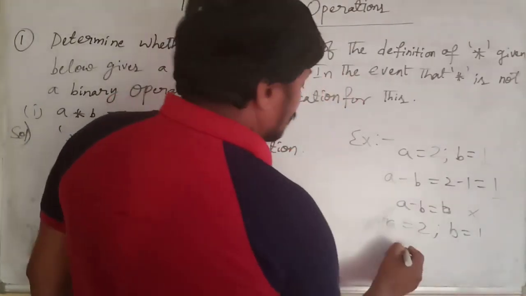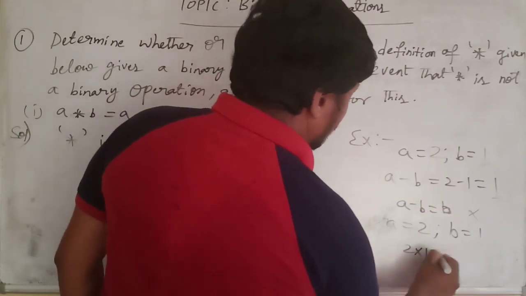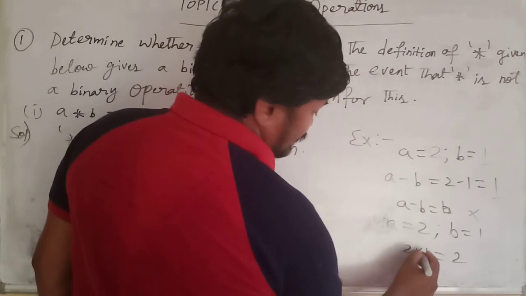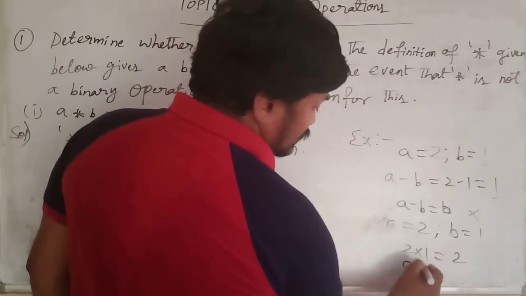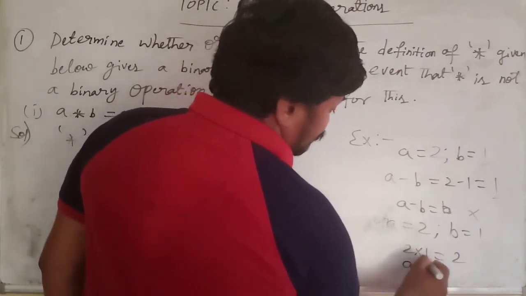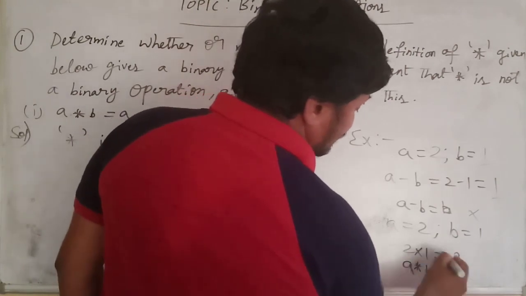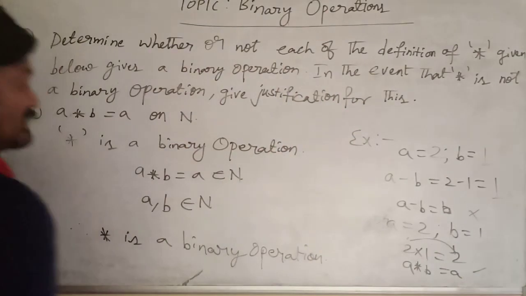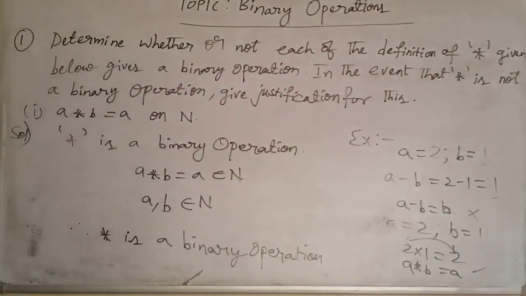Multiply: 2 into 1, what do you get? 2. So a star b is equal to a times b, and the answer is a natural number. That's the reason we are saying it is a binary operation belonging to the natural numbers. This is about your first one.